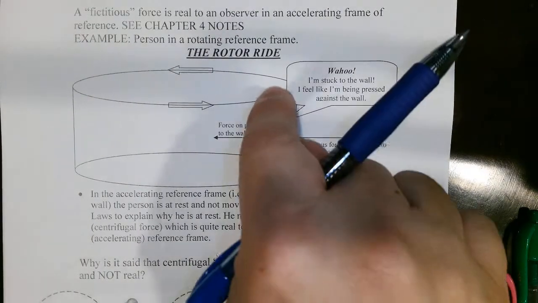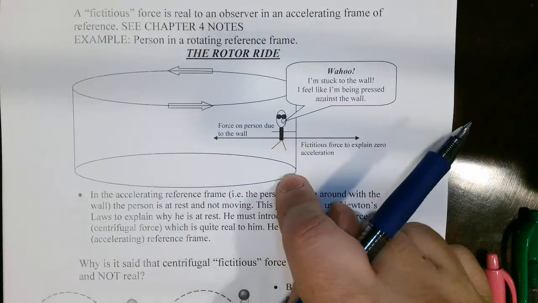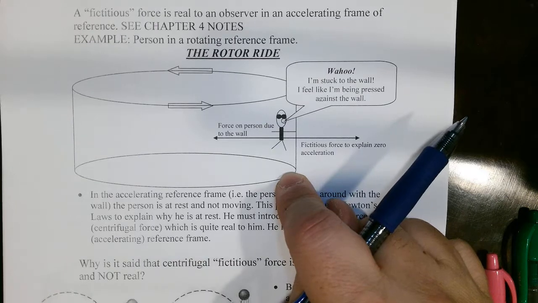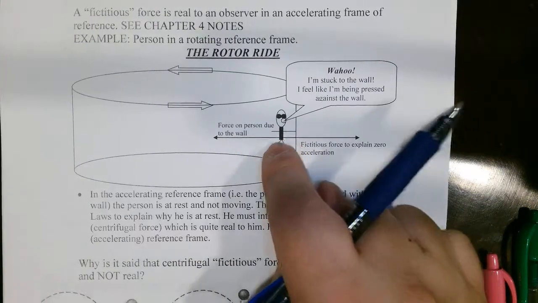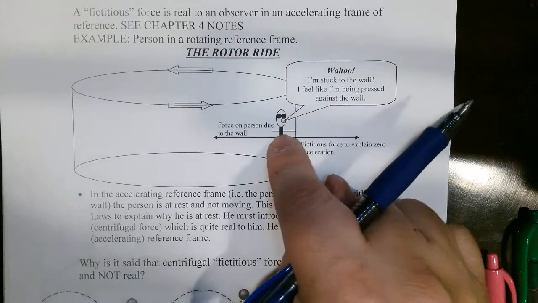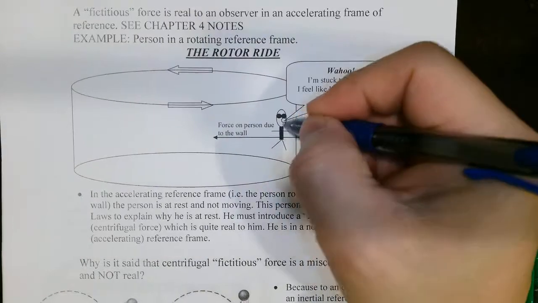And as long as this ride is spinning fast enough, you're not going to go to hell. All right? Well, let's think about all the forces that are keeping you from going to hell, right? What's keeping this rider from going to hell is friction.